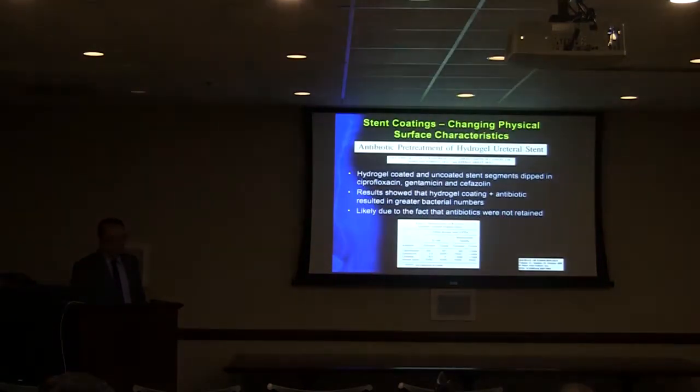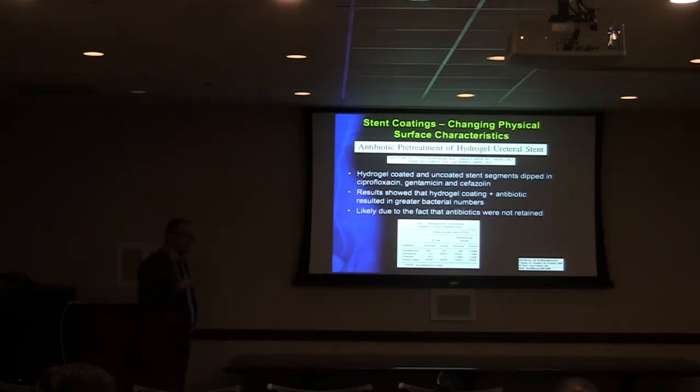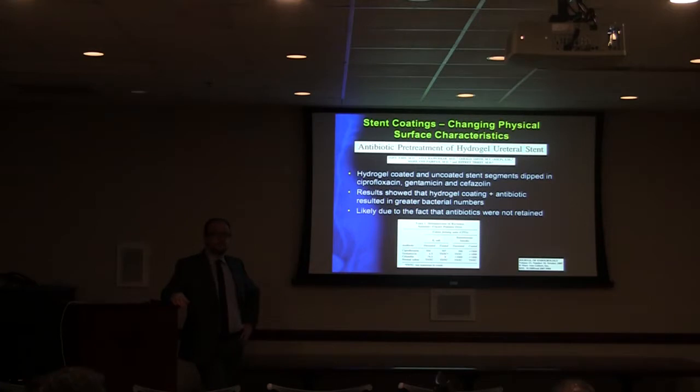So, what has been done in the past to try and combat that issue? Well, here again is the antibiotic pretreatment of the hydrogel that covers the ureteral stent. So the idea behind the hydrogel is mostly to add lubrication to the surface of the stent, to make it easier to insert. Okay?